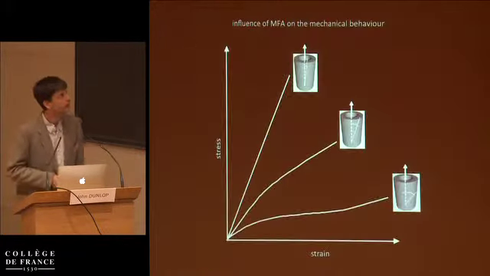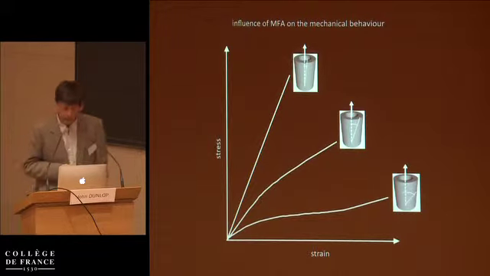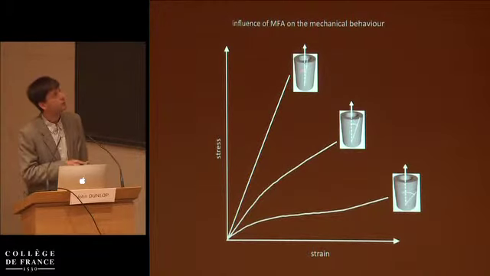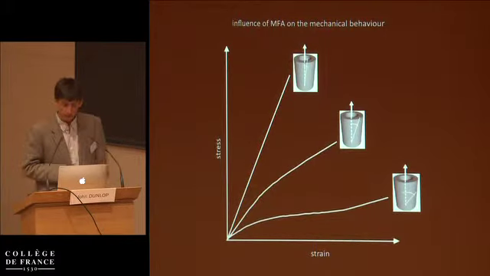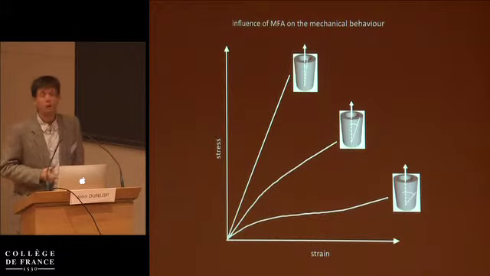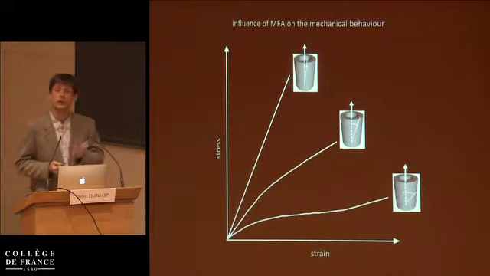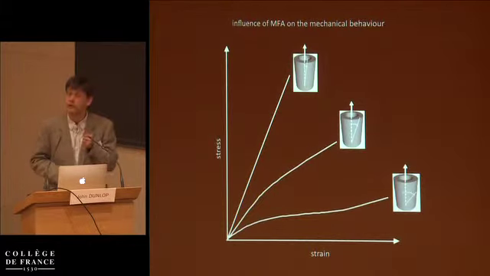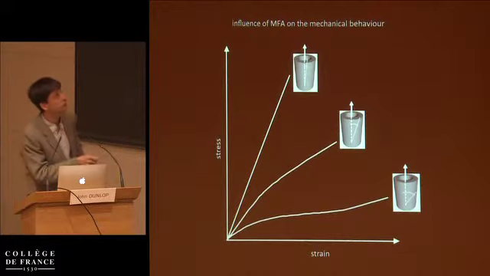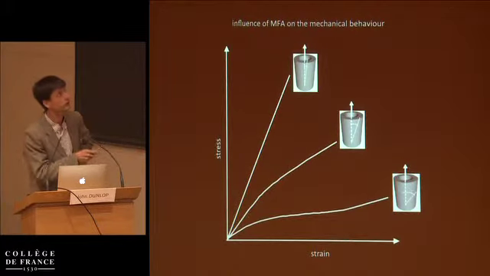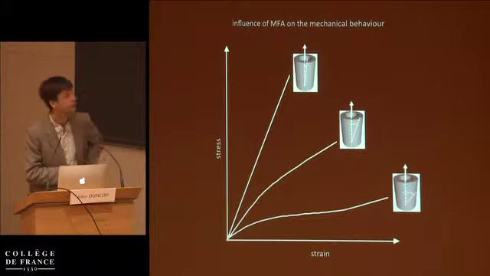So what do you see in plants? Just schematically, if your microfibril angle is close to 0 degrees, so if you imagine all your fibers are oriented along the tube here, of course, then if you think about composite theory, your cellulose fibrils are very stiff. They're oriented along the axis, and so you'd expect if you pull on something like this, you're going to have a very stiff composite material.